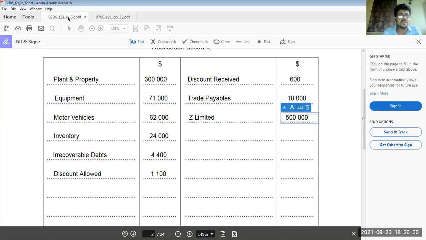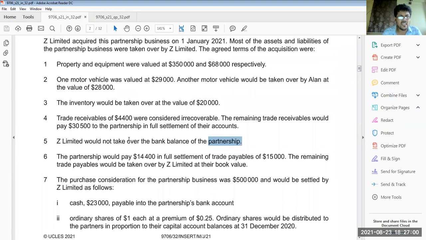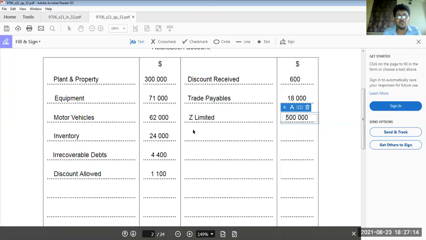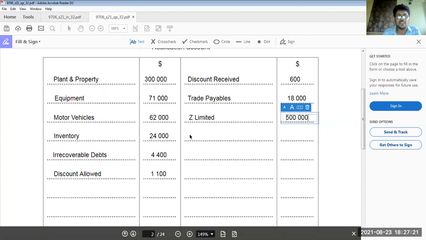And one more thing which is left is this one. Another motor vehicle taken away by Alan at book value of 28,000. So whatever the book value, Alan is taking. Alan capital account is going to be recorded over here in realization. 28.